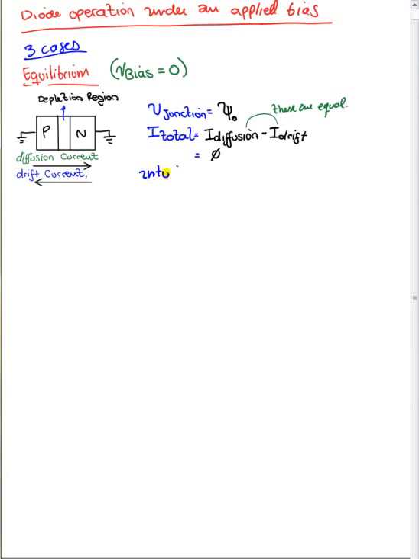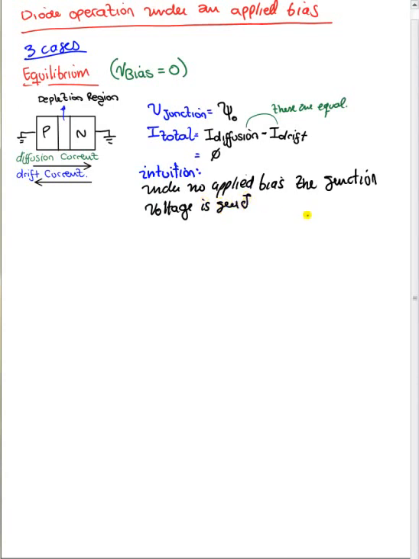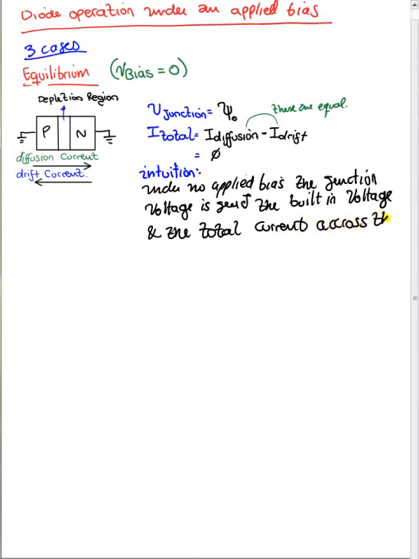So the intuition, we'll write that down really fast: the current across the diode is 0.